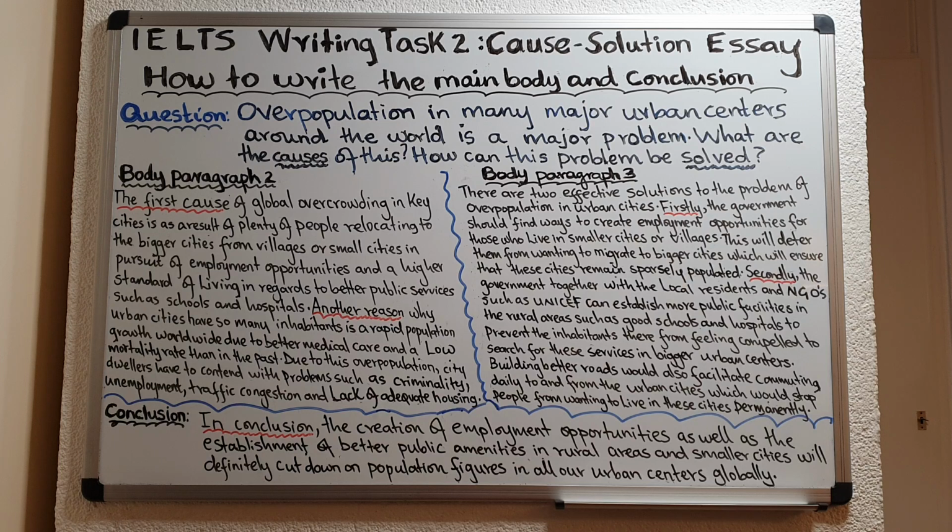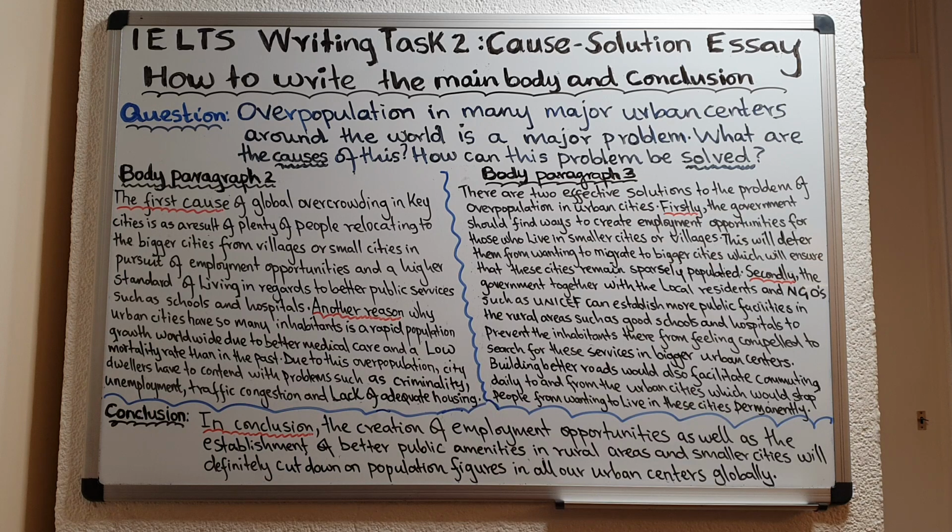And then instead of saying a job, I say employment opportunities and a high standard of living. In regards to, I use another linking word to elaborate my answer, in regards to better public services such as schools and hospitals. So that is a complex sentence.